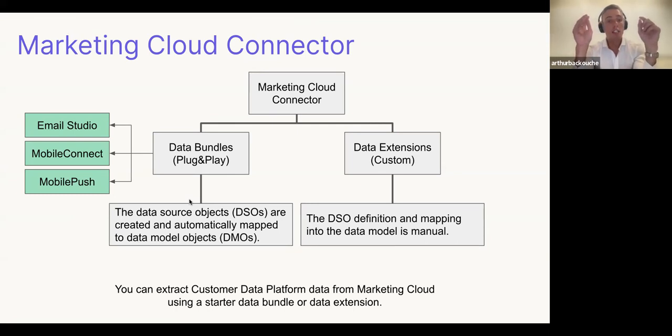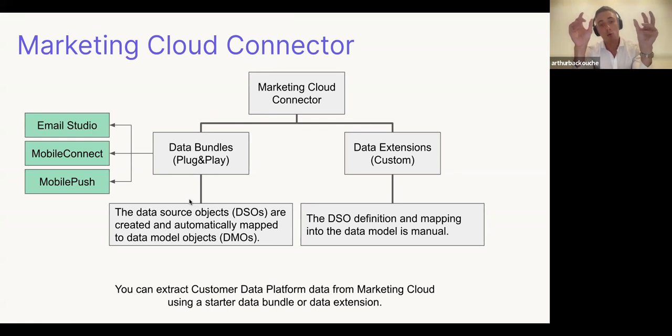For example, let's say you connect your Instagram account to Data Cloud. When Data Cloud imports the data from Instagram, at the very first step, when the data is raw, it will be stored in a data source object, a DSO.